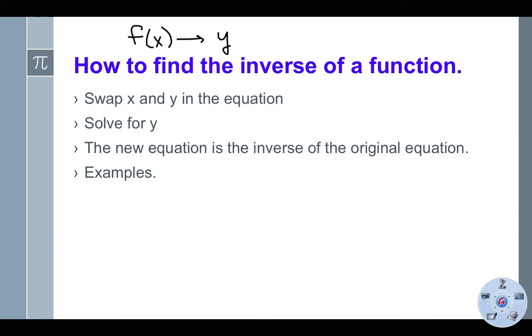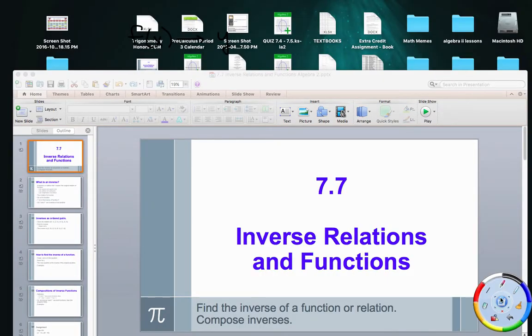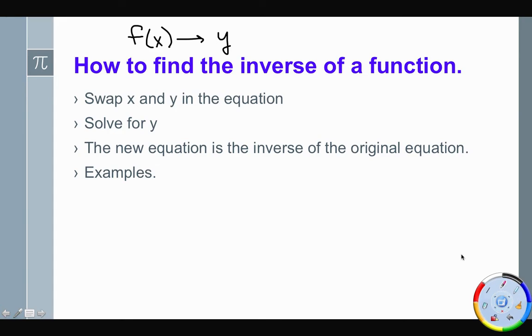All right, so let's look at some examples. Let's just start with f of x is equal to 2x minus 3. We need to replace f of x with y, just because the idea is to swap x and y.